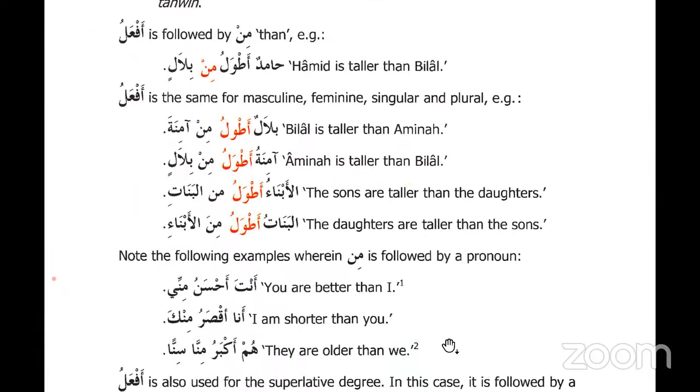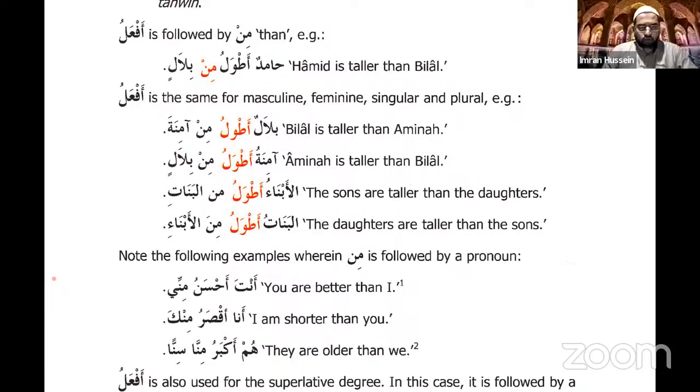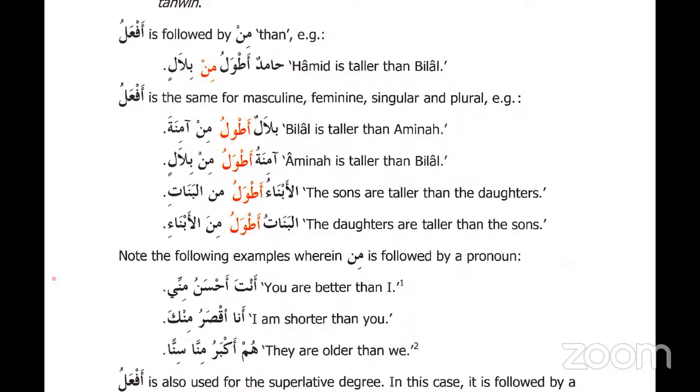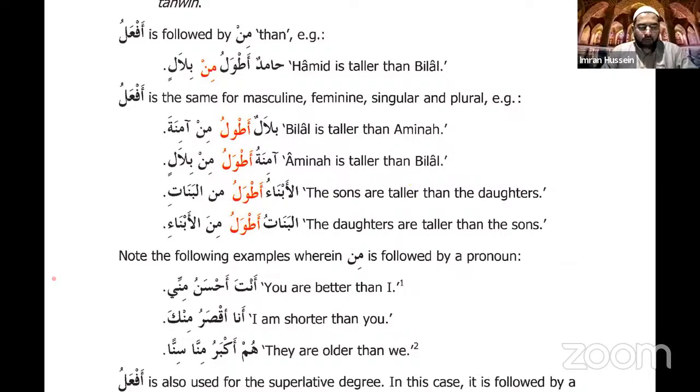Amina is taller than Bilal. Al-abnao atwalo min al-banat. The sons are taller than the daughters, correct? Then, Al-banatu atwalo min al-abna.